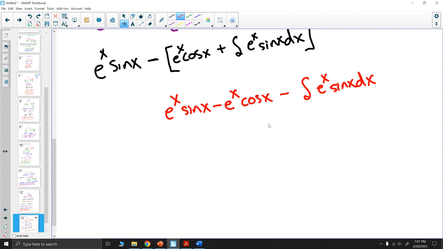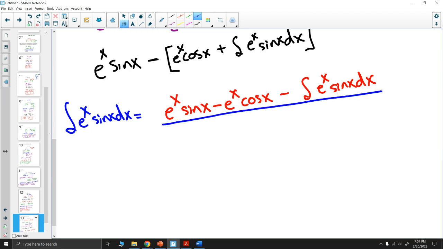So essentially, if you think about this, we started at the integral of e to the x sine x dx was equal to this thing. This is where we're at right now, correct? So essentially, we started here and we're here.